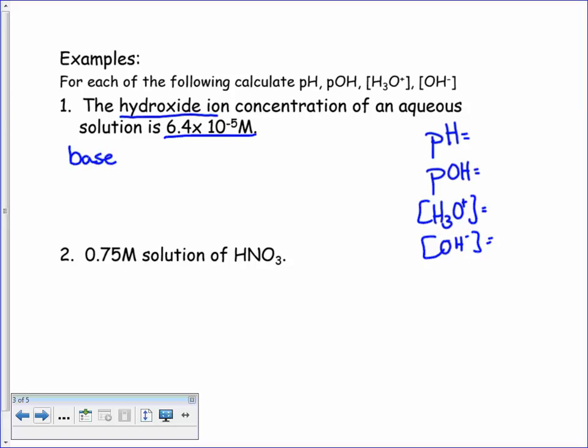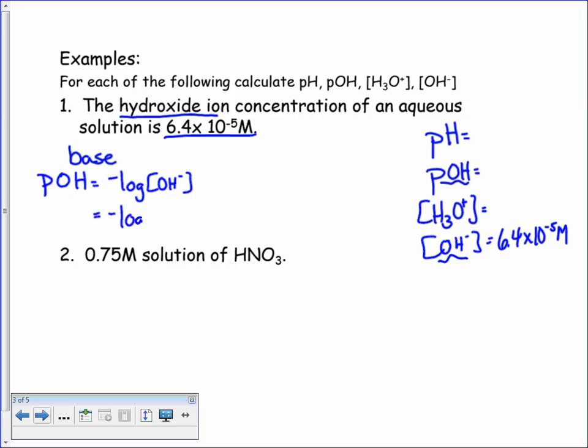Because we have a base, we've been given the hydroxide concentration, 6.4 times 10 to the negative 5 molar. And the formula for pOH equals the opposite of the logarithm of the hydroxide concentration.